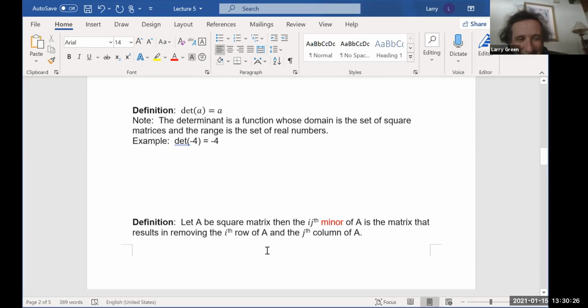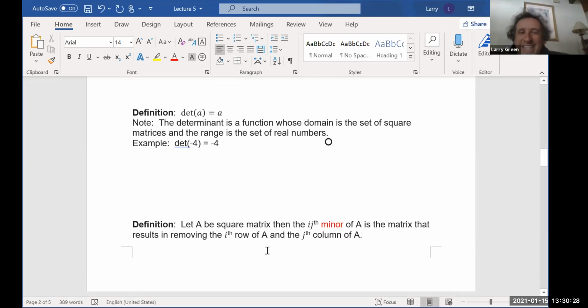All right, so now I need some definitions to even talk about the rest of them, because we want to say, how do you get the determinant of a 5-by-5? Or the determinant of a 100-by-100? Any square matrix has a determinant. So to do that, we need some definitions.